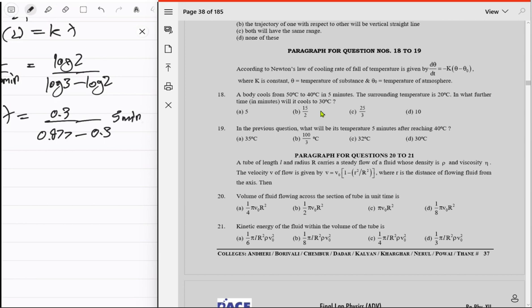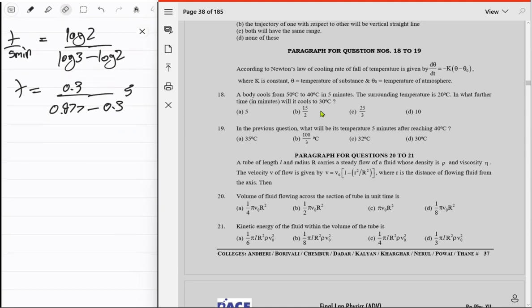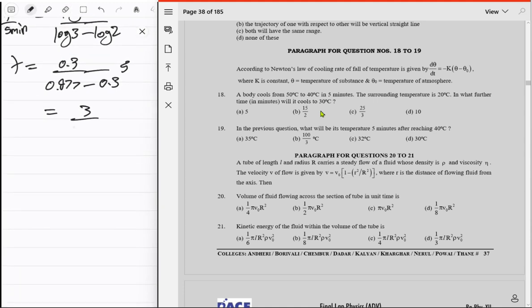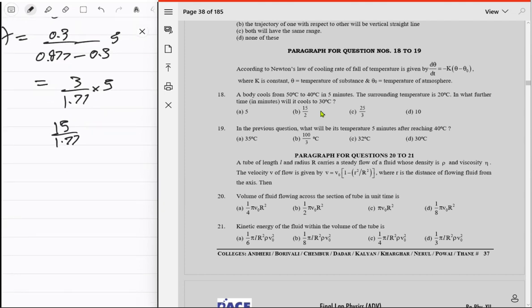So yeah, 5 just because 3 minutes will remain anyway. So what is this, like 3 upon 1.77 is 5, I guess. Wait, isn't square root of 3 also 1.77 something? So this is just square root of 3 basically. Yeah, whatever, it's like 15 upon 1.77, something less than 1 approximately, 15 upon 2.